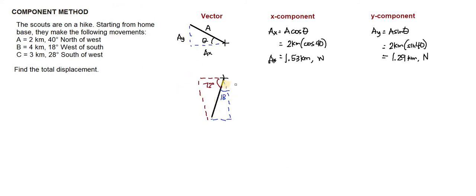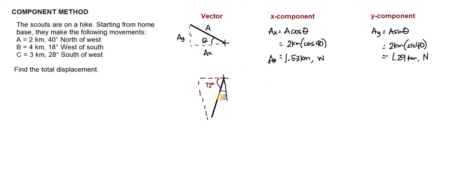Para di kayo malito, pwede na natin itong i-remove. Okay. And then, ito yung 18 degrees. Bakit yun yung ginamit natin? Ba't natin gagamitin si 72 degrees? So that will be consistent in using cosine. Okay?